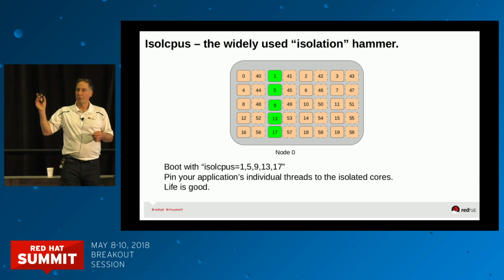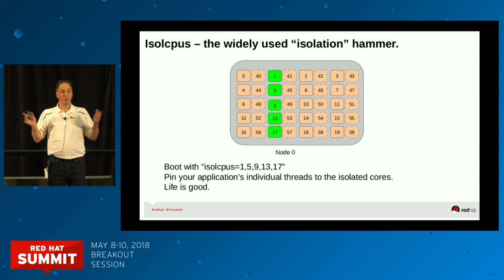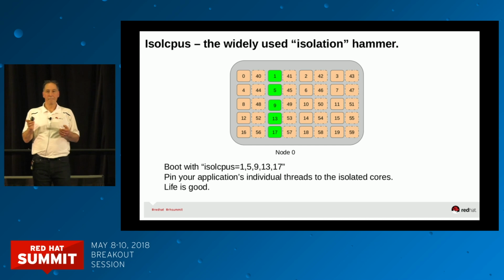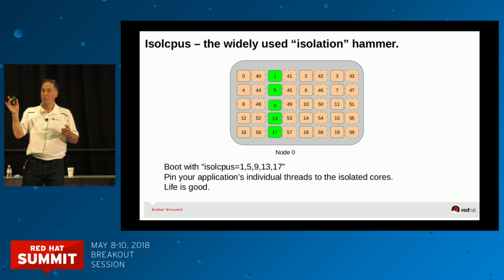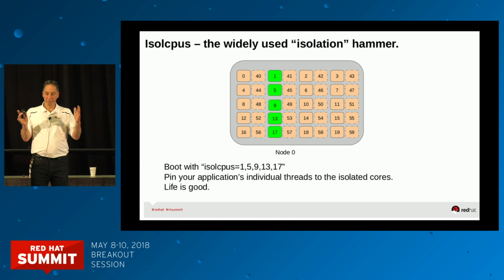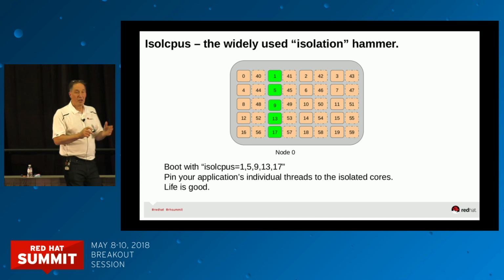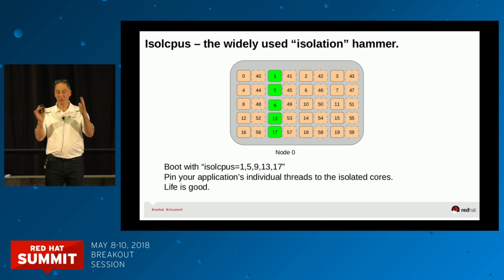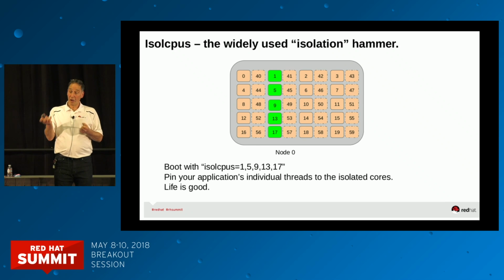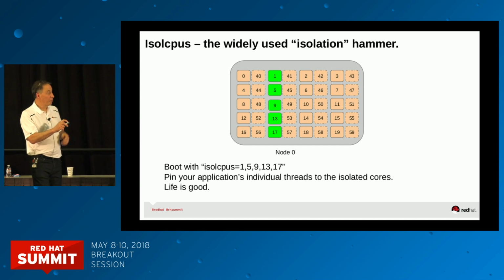How many of you are familiar with the isolcpus boot line flag? A few. It's a way of saying, I want everybody off of these CPUs, because I want to dedicate them to my application. Unfortunately, when you do that, there's no load balancing. It's great if you're pinning your processes.